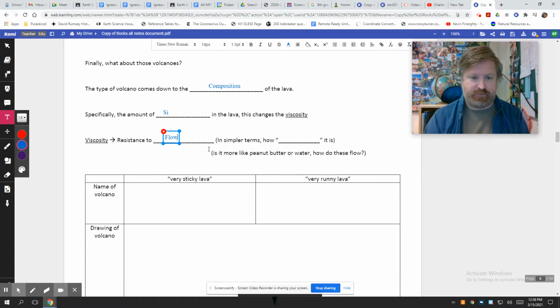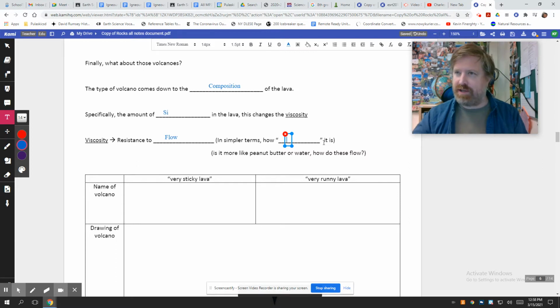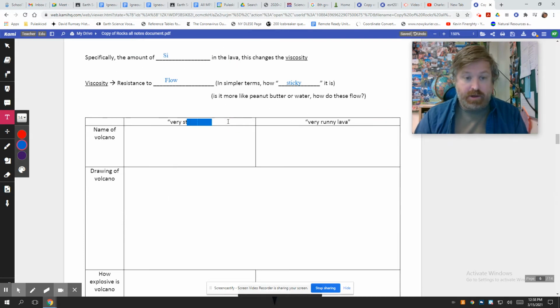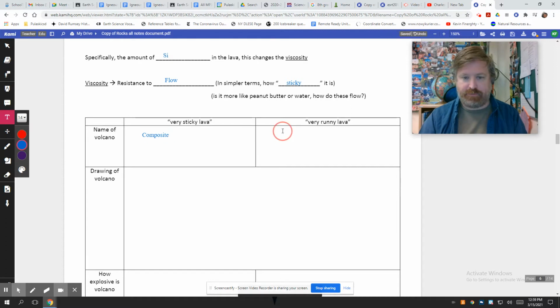Resistance to flow, in simple terms, how sticky, is not a great word to use because you think maple syrup sticky, but it's kind of the best I got. So if we have this very sticky lava, we end up with what we call a composite volcano, or if we have a very runny lava, we end up with what we call a shield volcano.